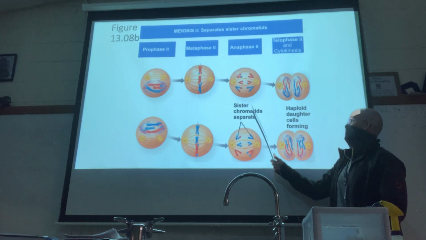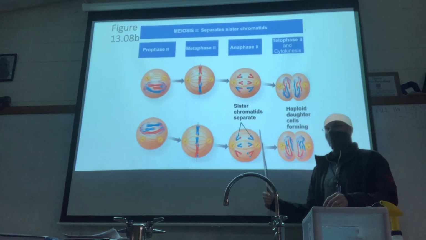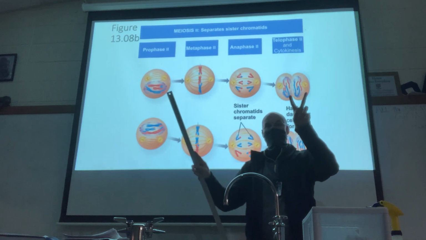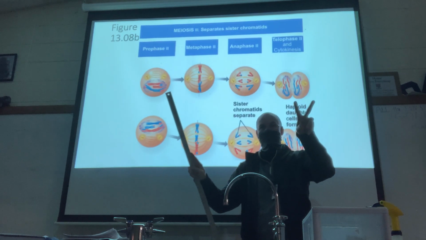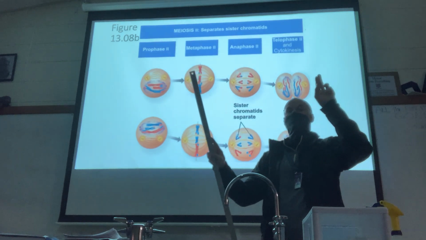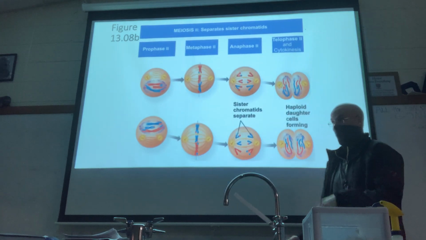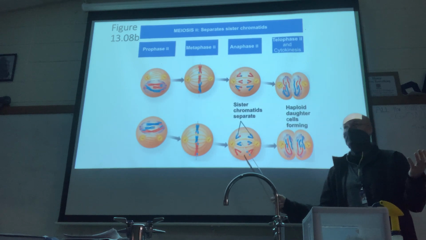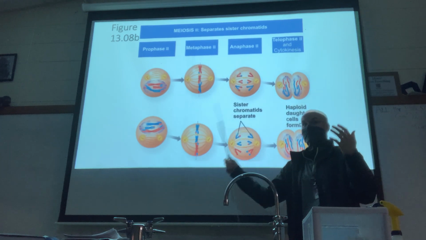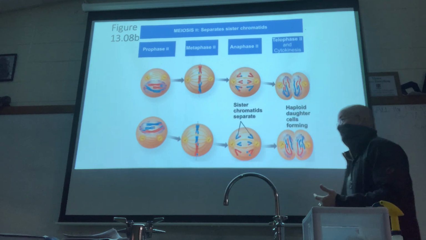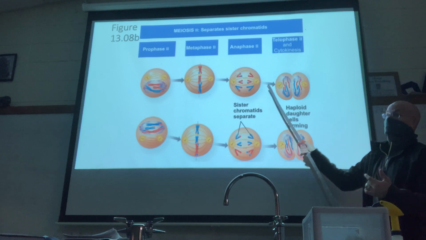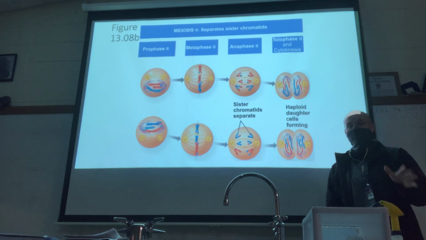The sister chromatids are what are pulled apart. Not the matching pairs, but the actual sister copies called sister chromatids. They are pulled apart from one another at this point, which is actually what happens in mitosis. This part is very mitosis-y. So your sisters are pulled apart in anaphase 2 because the spindle fibers are shortening.